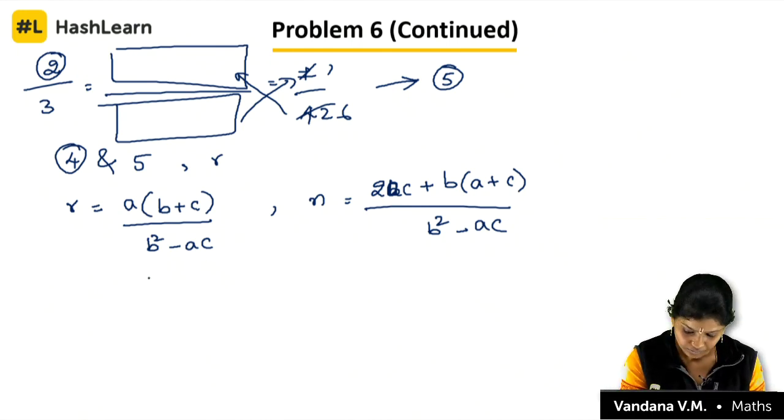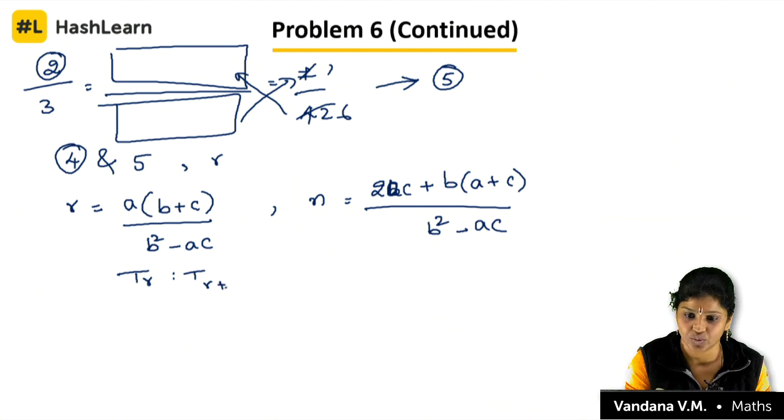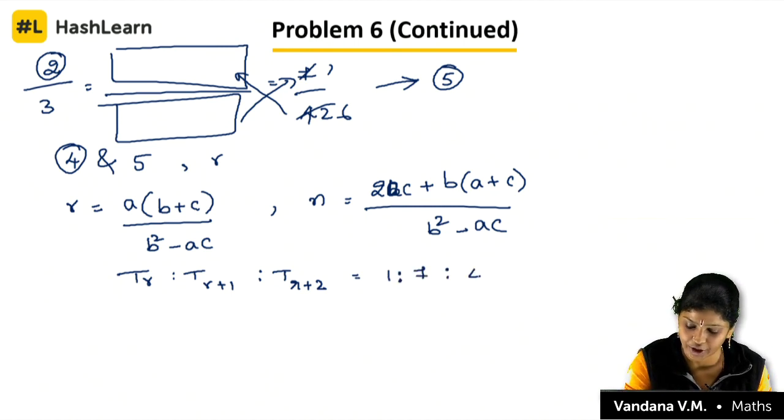Here what they gave, consecutive terms, T(r) is to T(r+1) is to T(r+2), what ratio? 1:7:42.